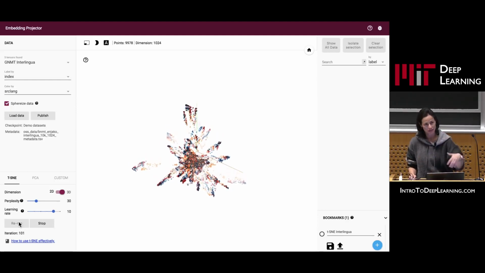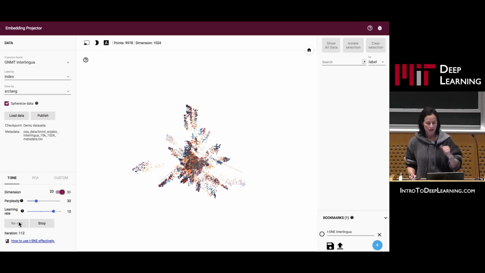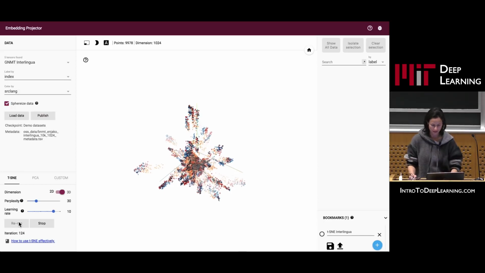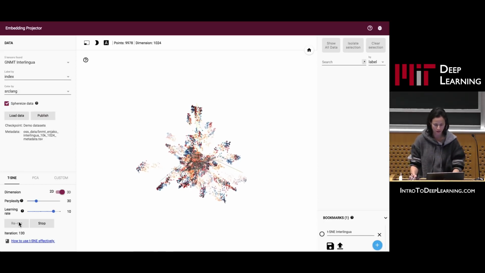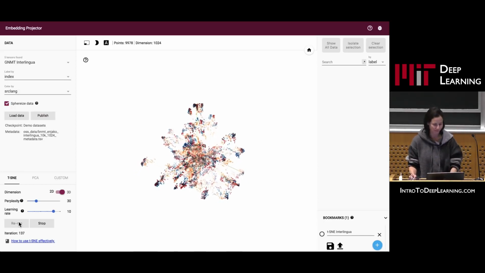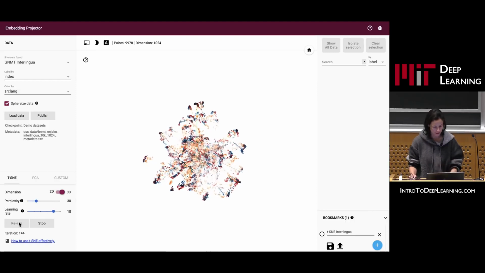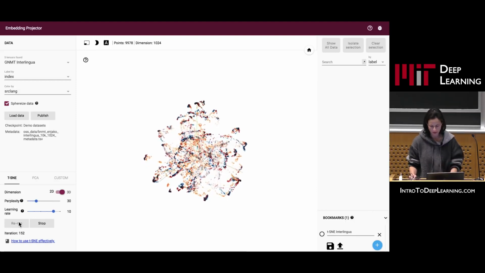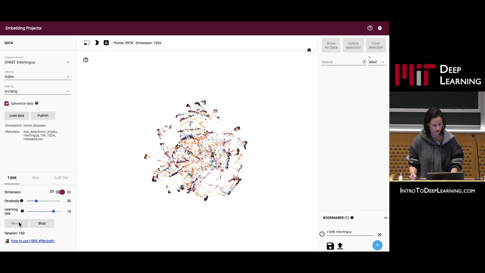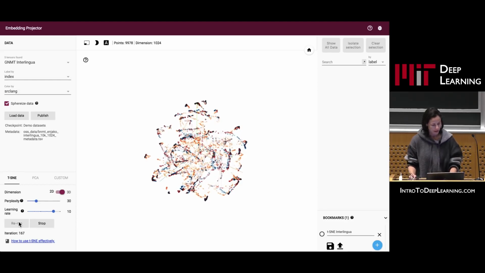It's calculating all the clusters in this data set, and I want to be able to interact with it. That's why I'm taking my time, and I'll talk to you while this is working in the background. We're gonna let this do its thing and try to get it not to distract us completely.